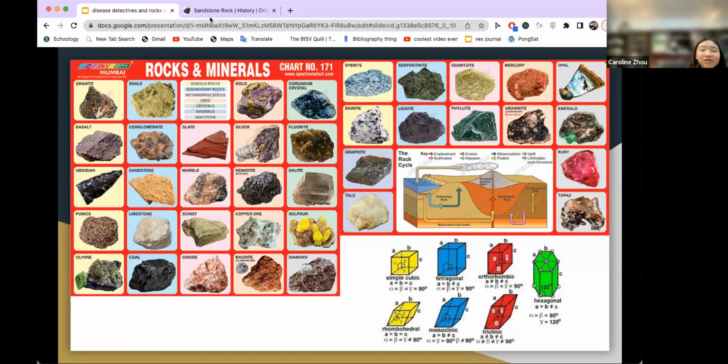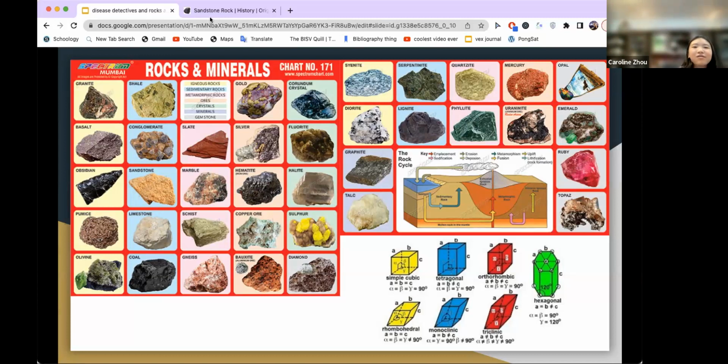And then limestone, it's commonly used in buildings because it's really sturdy and also easy to find. Then there's schist. Yeah, that's how it's pronounced. It's a greenish rock. Copper ore, it's usually a copper shade, like in pennies, but it turns green from oxidation. Sulfur is yellow and it does not smell good.